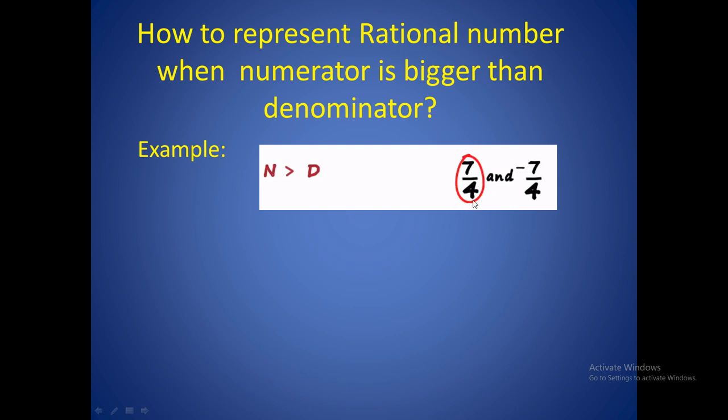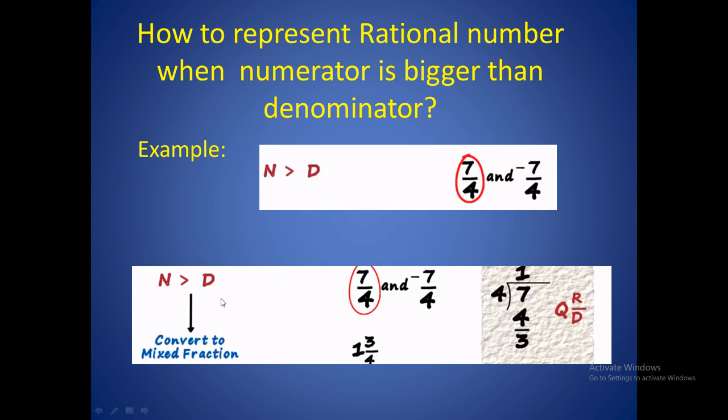A positive rational number tells that this number lies on the positive side of the number line, and a negative rational number tells that this lies on the negative side. Okay, so this negative sign tells that this number will lie on the left hand side of 0 on the number line. Clear?